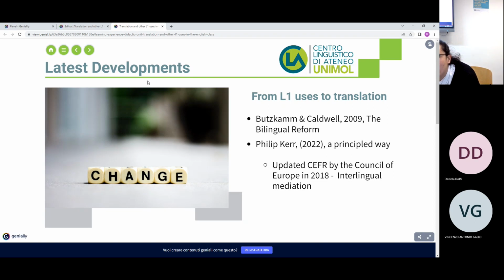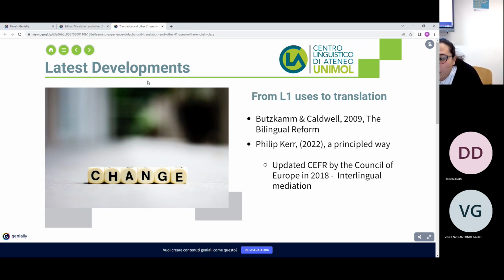We have, of course, many more, and one of the last contributions by Philip Kerr, who's written many more works on this. So before 2022, Philip Kerr in 2014 wrote Translation and Own Language Activities, which also proposed activities, so real activities you could use in class for this.